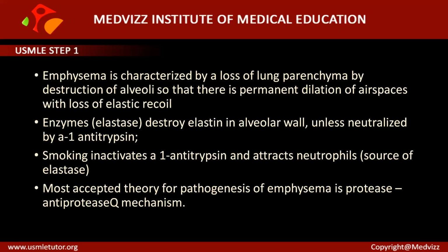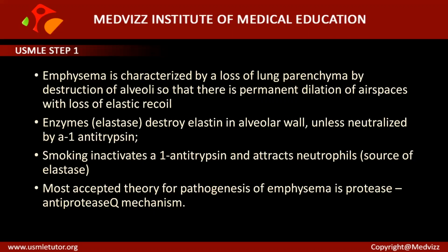So the severity is much greater with smoking-associated emphysema compared to alpha-1 antitrypsin deficiency. In alpha-1 antitrypsin deficiency, the concentration of elastase is not increased; it is intact. Because of the deficiency of alpha-1 antitrypsin, elastase cannot be inactivated, and this elastase destroys the elastic fibers in the alveolar walls.